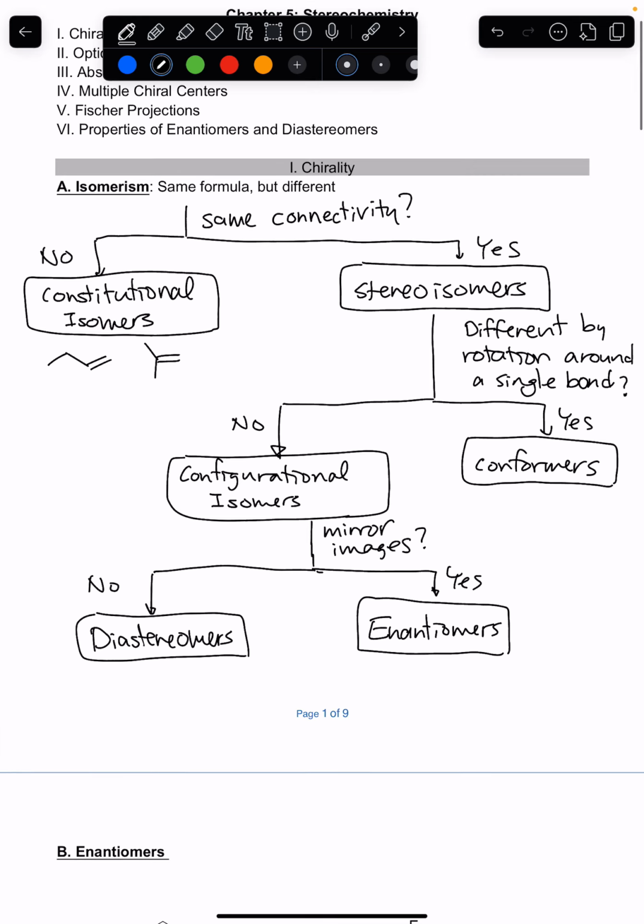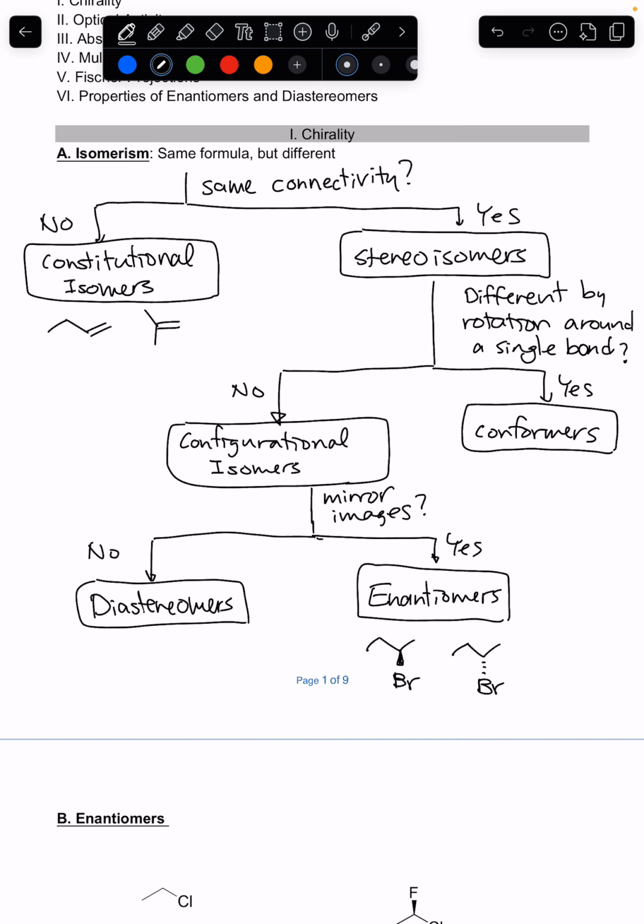Some examples, enantiomer examples. If you looked at that molecule in the mirror, you would see this, and that would be an example of enantiomers of each other. We didn't talk about the conformer example. These two would be related as conformers.